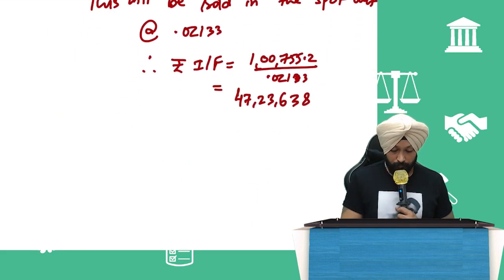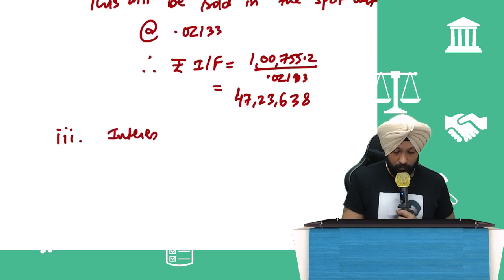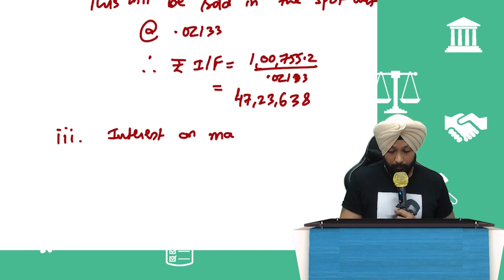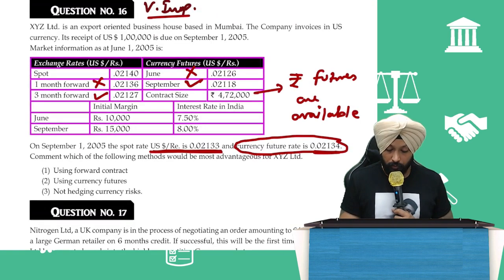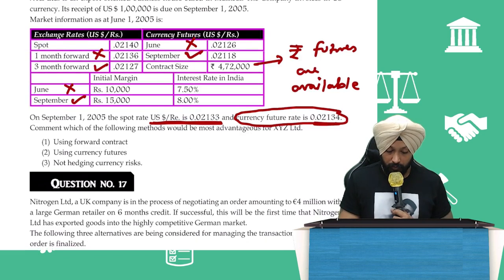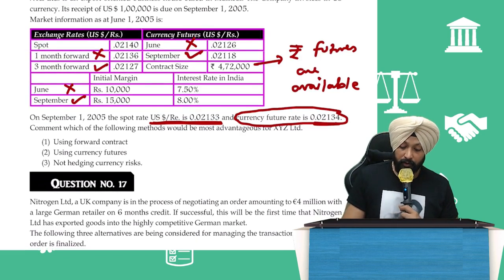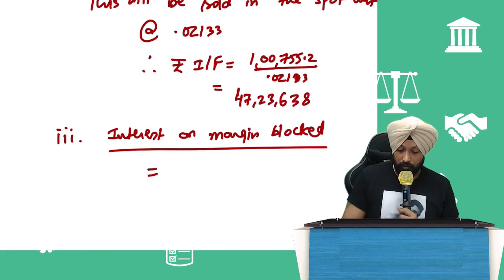Next, interest on margin blocked. For the September contract, what is the margin? We won't see the June contract, we will see the September contract. The margin needed is 15,000 and the interest rate applicable is 8%.